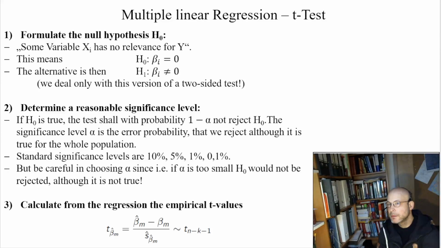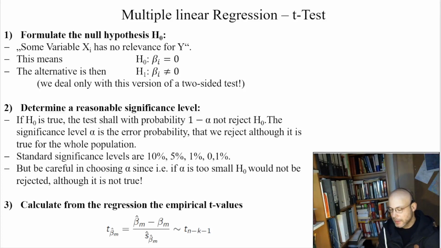But of course, we also want to know the dependence of every single variable. And this is done with the t-test. And this t-test is in the end formulated in a similar way as the F-test.